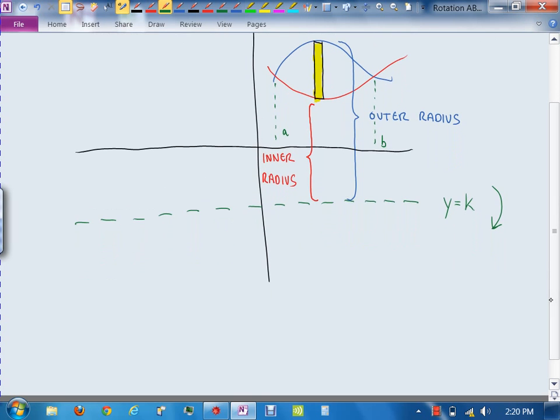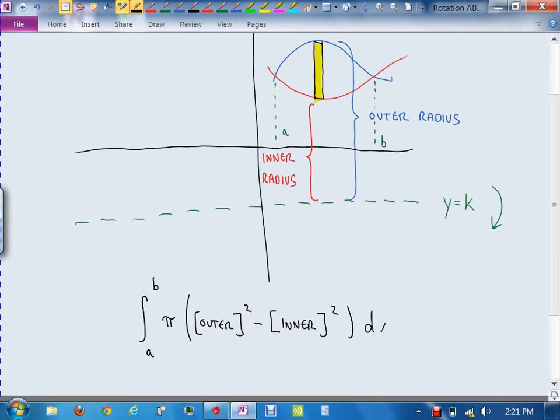So the formula should look like this. Integral from A to B of pi times outer squared minus inner squared, and in this case, dx, right?